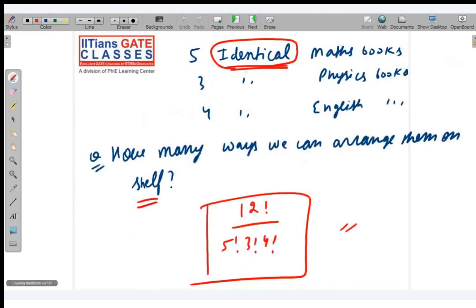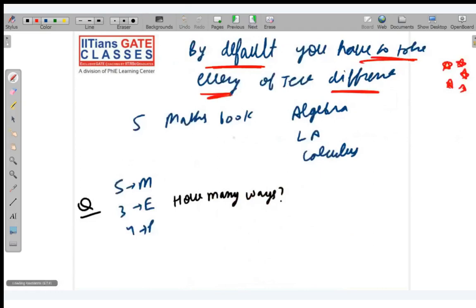For example, if the word identical was not there and they said 5 maths books, then you will consider all these maths books to be different. One of them can be algebra, another linear algebra, third calculus, and so on. So if nothing is given, you will take each and every object to be different.